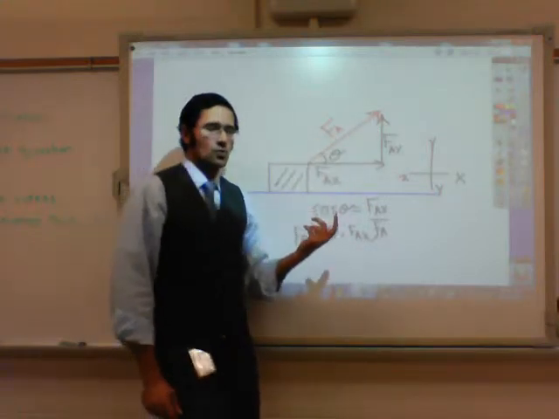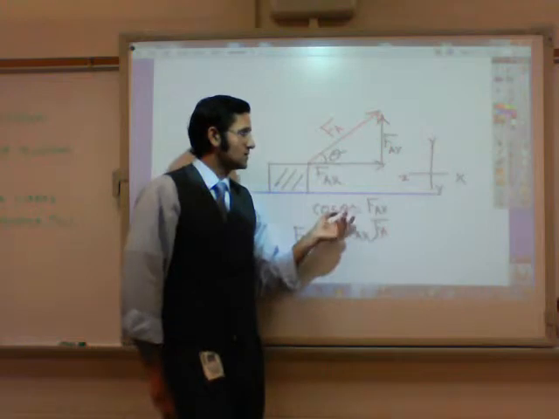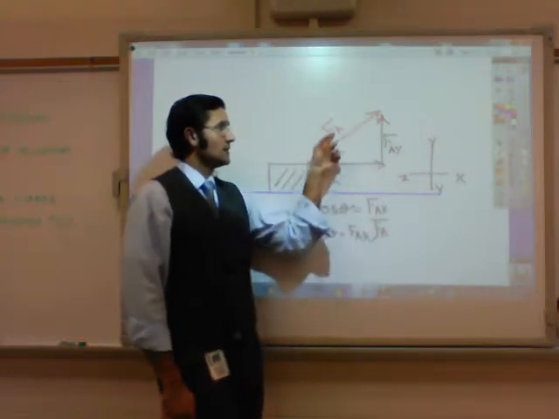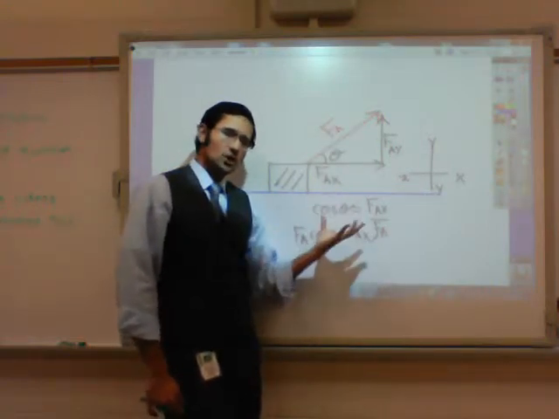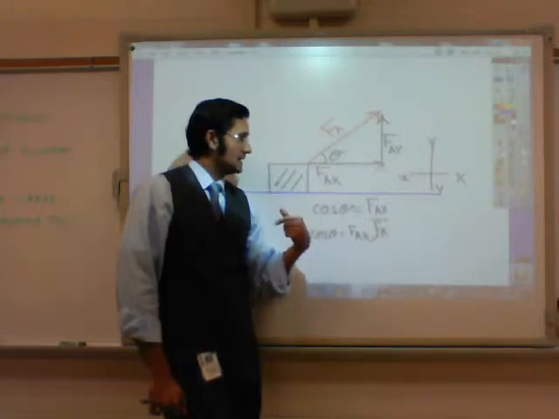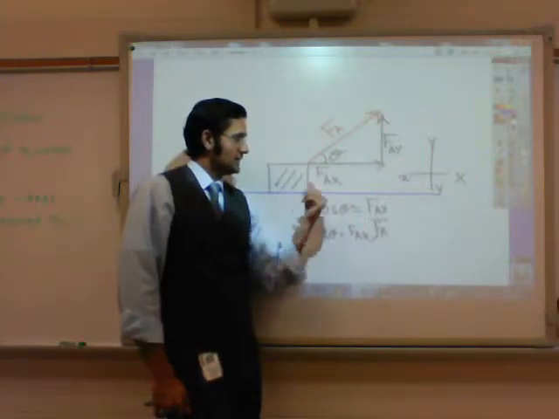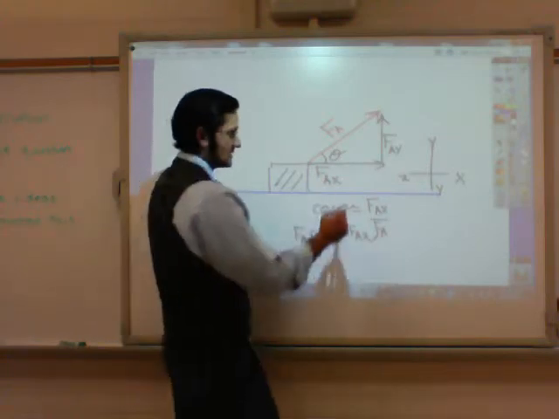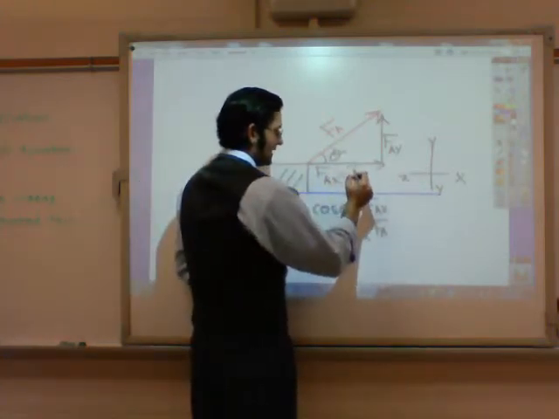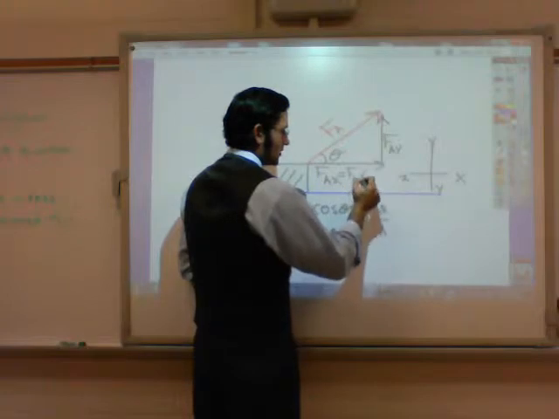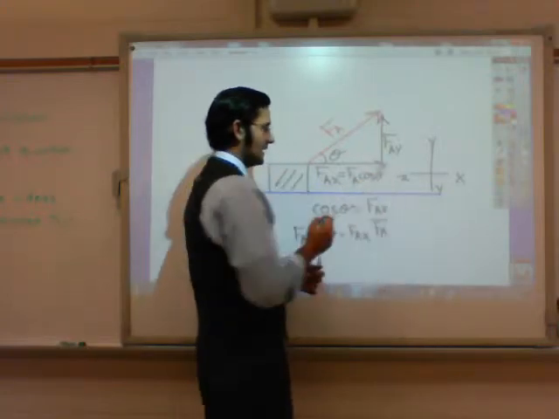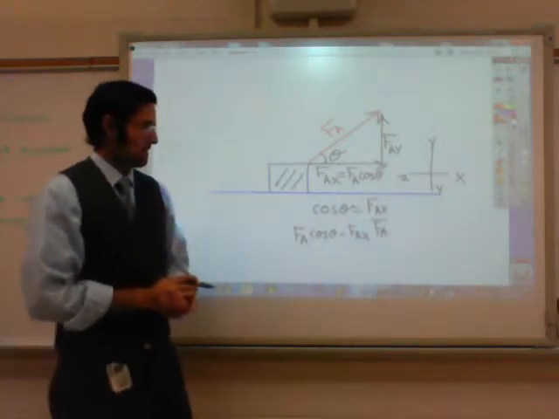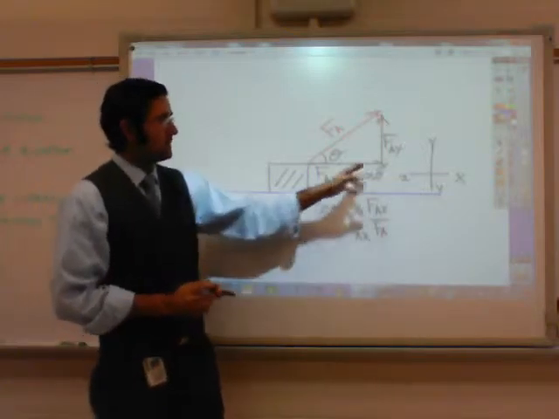You can put any numbers you want to, depending on your teacher's problems that they give you in class. I'm going to leave the letters in there, just so you understand the concepts and how to get the final answer. At the end, you can put in any number you've been given. So Fax is simply going to be Fa cosine theta. How do you find Fay?